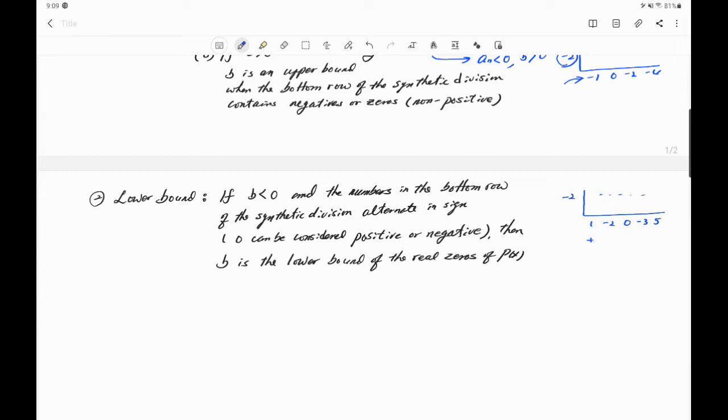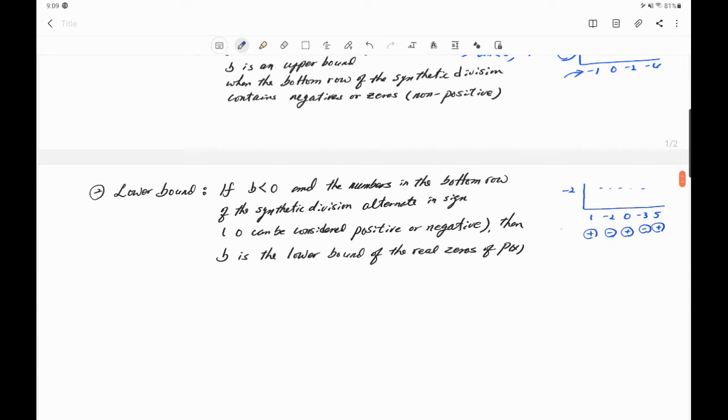This is positive, this is negative, and 0 can be either positive or negative, so we can use either to make the sign alternate. So let's make this one positive. Then negative 3 is a negative number, and 5 is a positive number. So the sign alternates, meaning one is positive, one is negative. Then b is the lower bound of the real zeros of this polynomial.